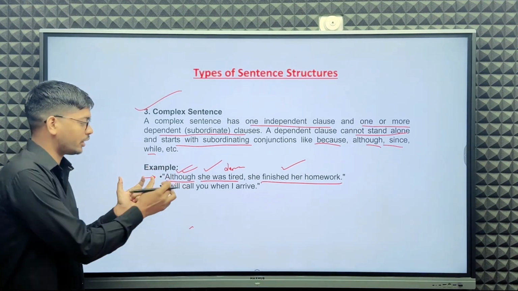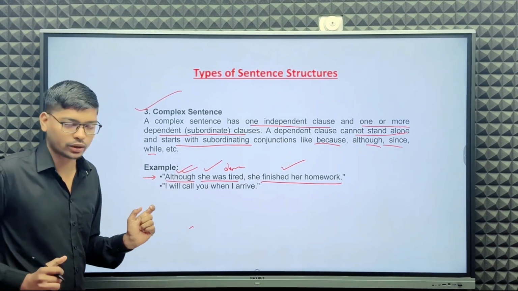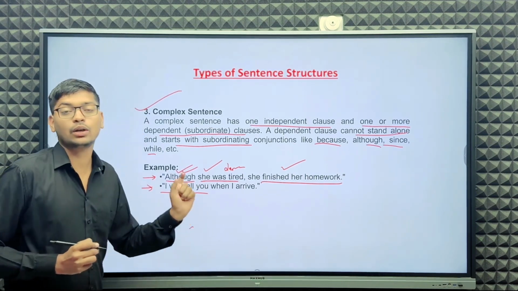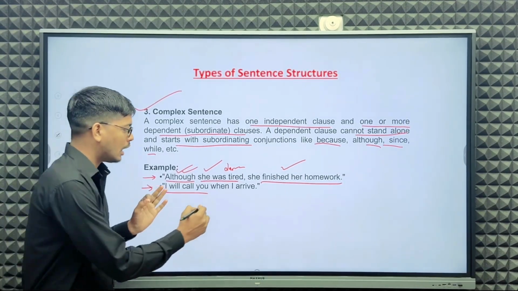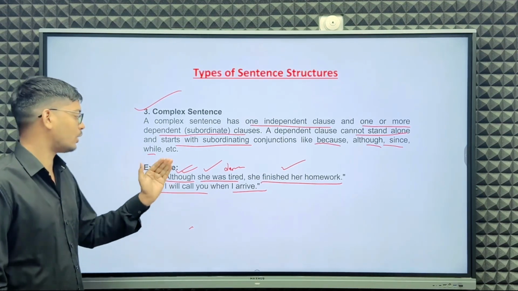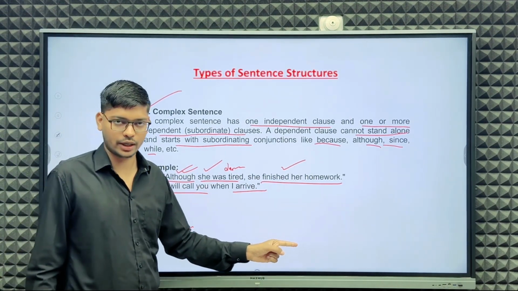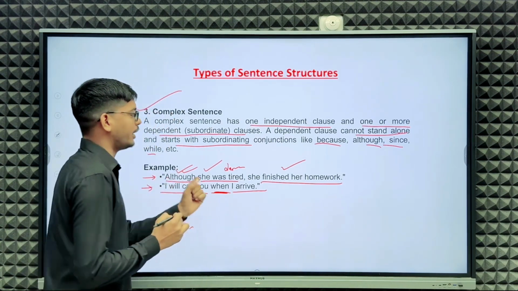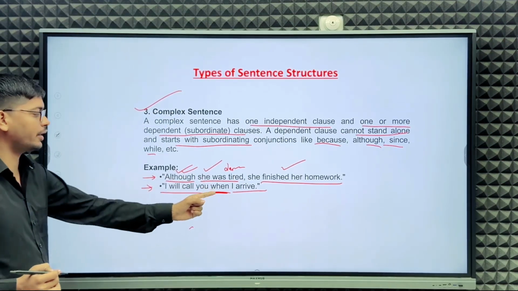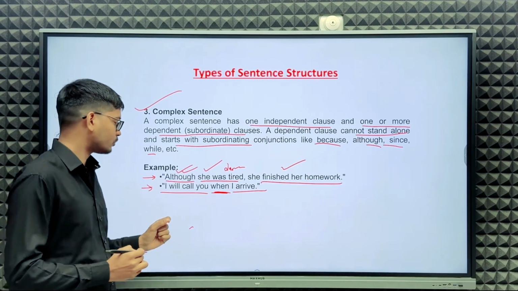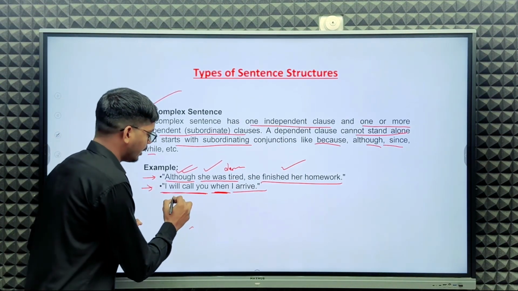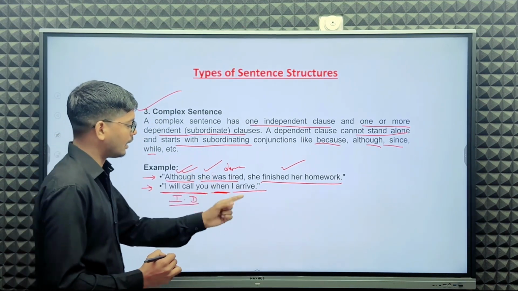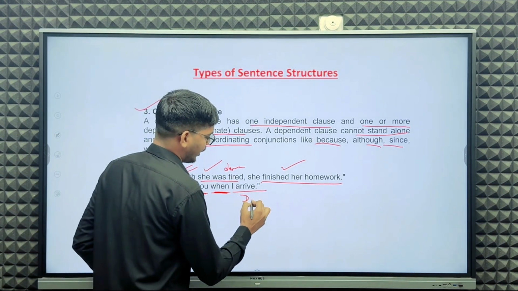The dependent clause starts with a subordinating conjunction here, although. Next example: I will call you when I arrive. When is a subordinating conjunction here. "I will call you" is an independent clause, and "when I arrive" is a dependent clause.